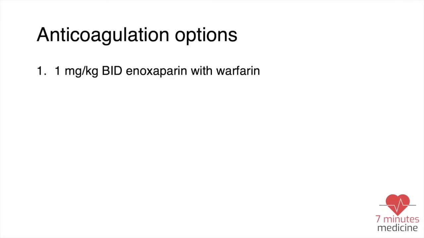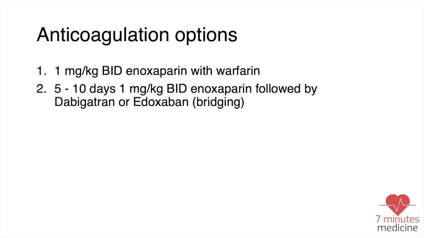So the anticoagulation options, we can start with enoxaparin, the other name Lovenox, with warfarin bridging, 1 milligram per kilogram BID, more preferred than the 1.5 milligram per kilogram once daily. We can also give 10 days of enoxaparin, followed by dabigatran or edoxaban, the oral anticoagulants.